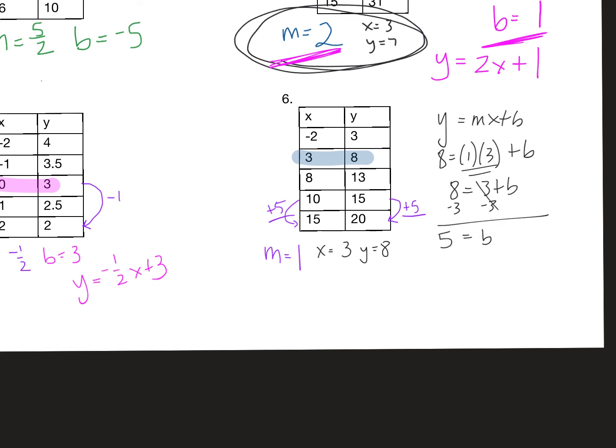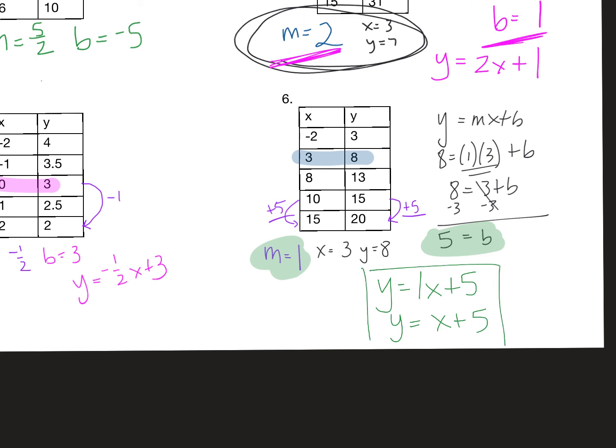So with m equaling 1 and b equaling 5, I can write the equation. Here it is. Y equals 1x, since m is 1, plus b. If you really wanted to be slick, you don't even need to write that 1 and just write it as y equals x plus 5. So either one of these is acceptable.